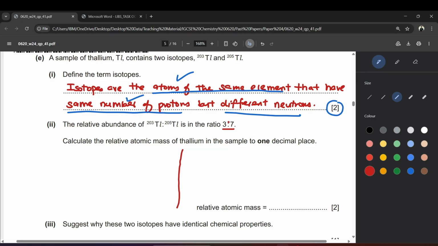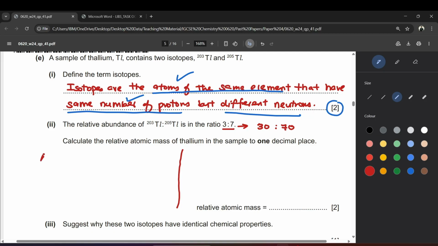Over here they've given you ratios, but usually they give you percentages. So we can make this into percentage. If I multiply both of these by 10, this becomes 30:70. So that means 30% is Tl203 and 70% is Tl205.